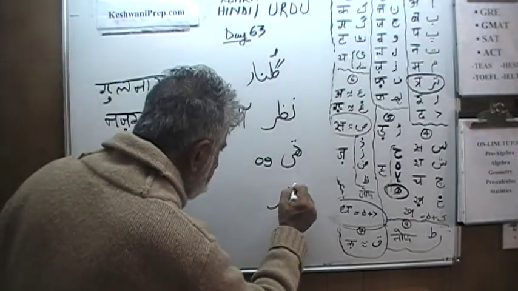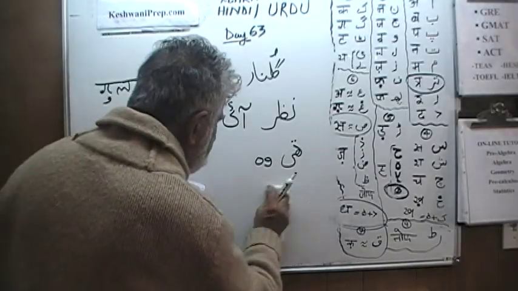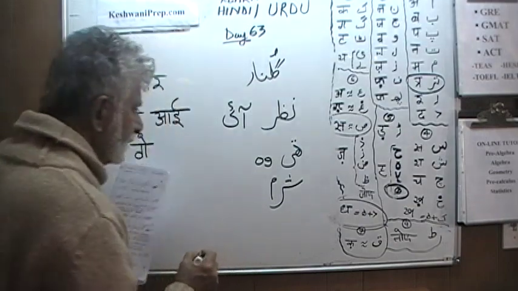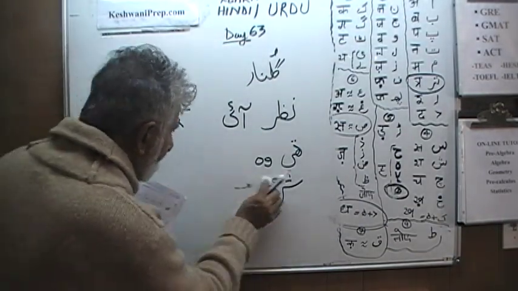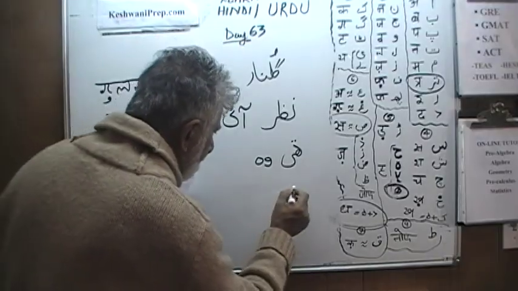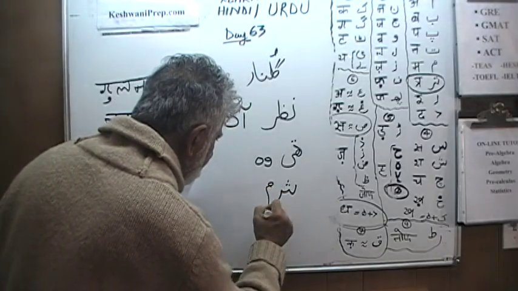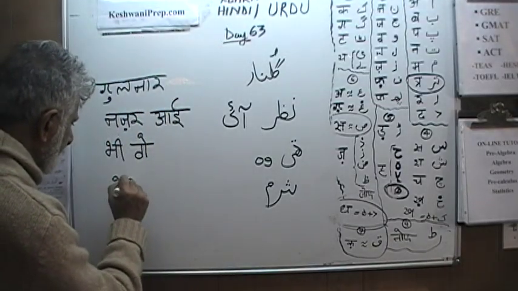Sharam. Let me rewrite it. Sharam. This is sh, two loops for sh, then an r, and then a meem.